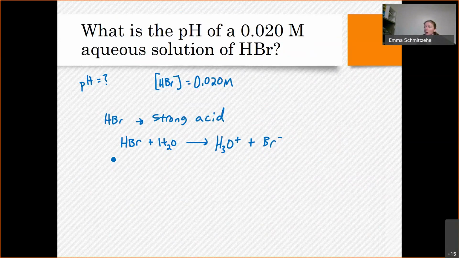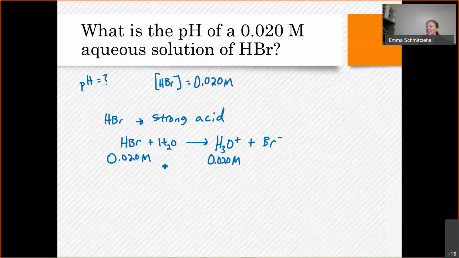So if we started with 0.020 molar, what you're going to get is 0.020 molar of H3O plus, because for every 1 mole of HBr, you would get 1 mole of H3O plus, and it's still all in the same solution. So we indirectly gave you the H3O plus by telling you the concentration of a strong acid.